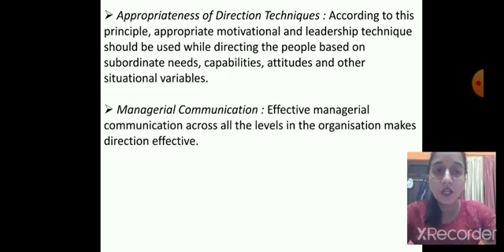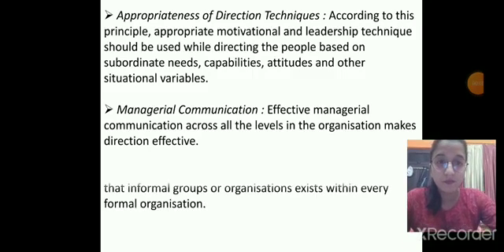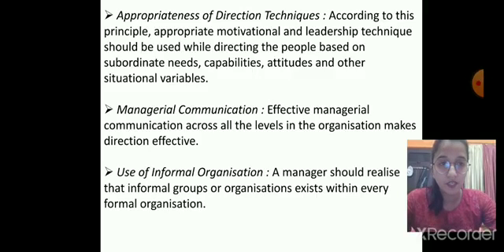Next is managerial communication. So effective managerial communication across all the levels in the organization makes the direction effective. So in directing function, there should be clear instruction so that there can be a better understanding for the subordinates. Next principle is use of informal organization. So a manager should realize that informal groups exist within every formal organization, and he should make use of such organization for effective direction.